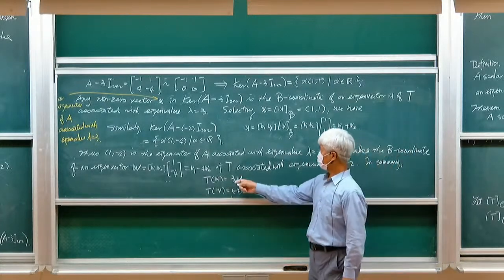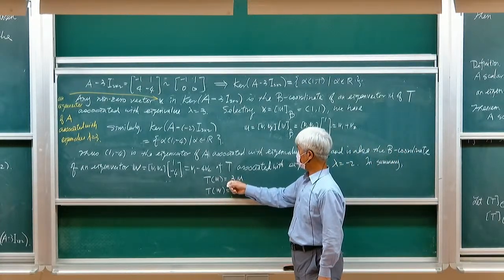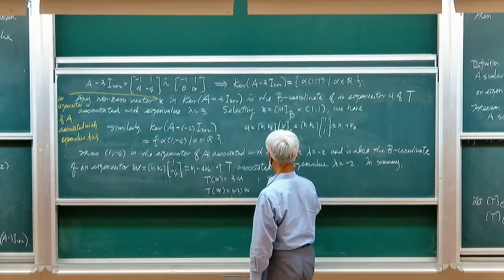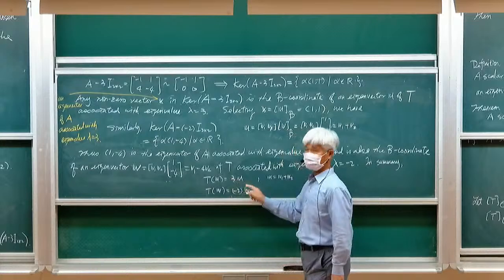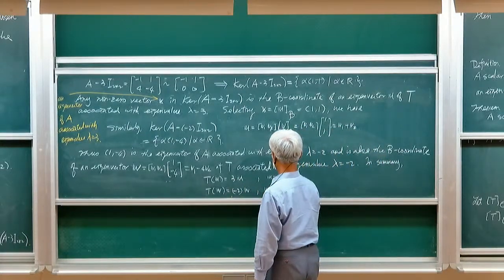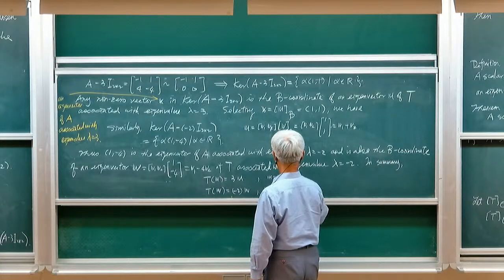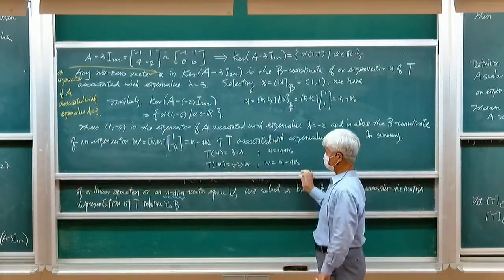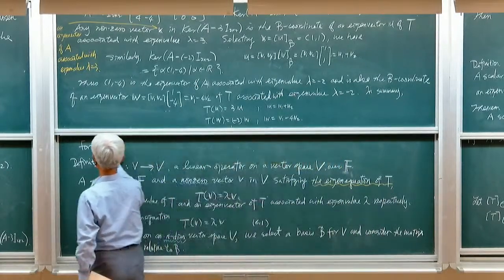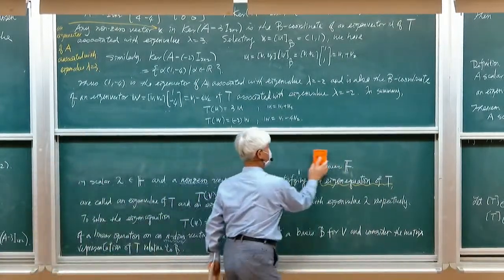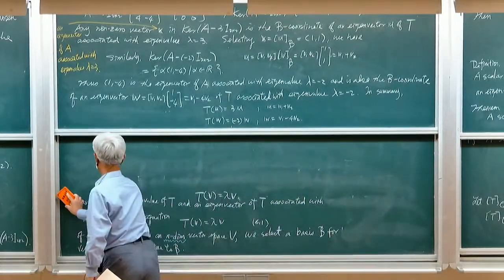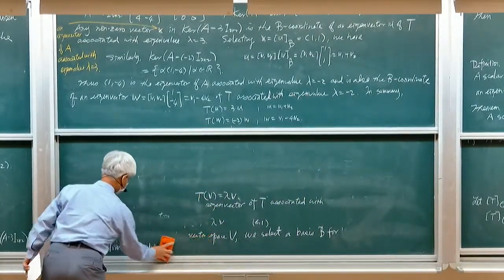So we find eigenvalues 3 and minus 2. And we have corresponding eigenvector U and eigenvector W. And with these two eigenvectors, we put them together.